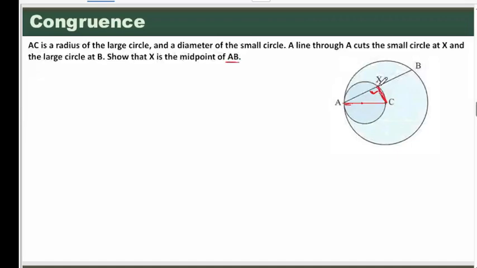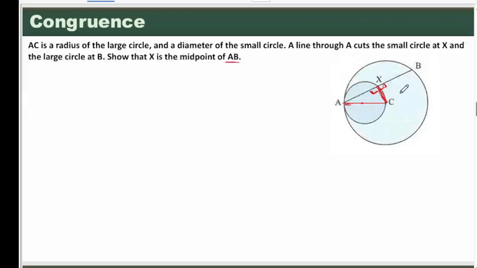And X is located at the circumference of this semicircle. So the angle would be 90 degrees. AB is a straight line and A, X, and B are collinear. So this one would be 90. Okay.